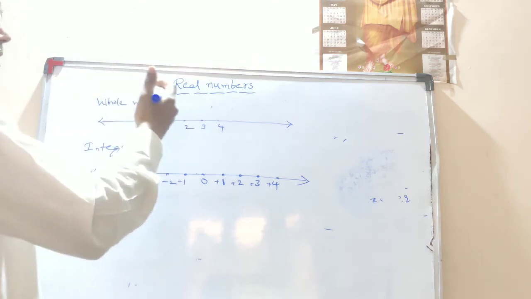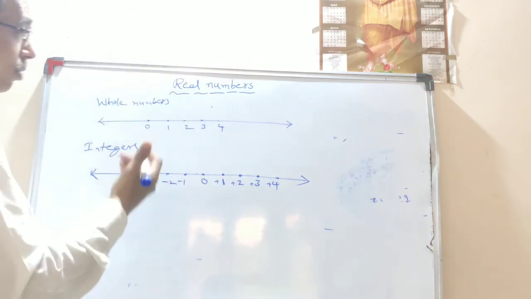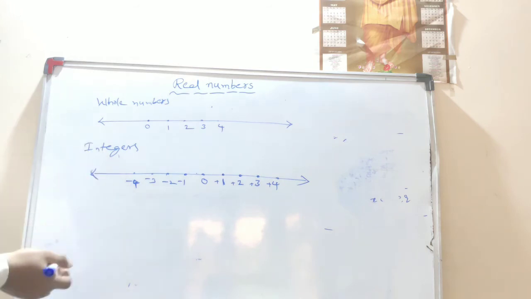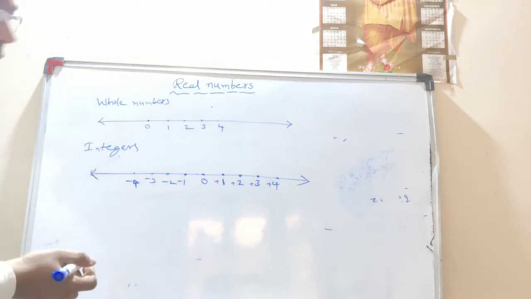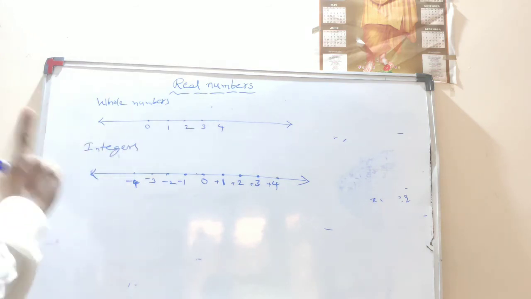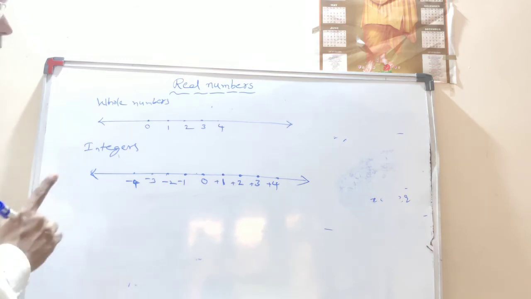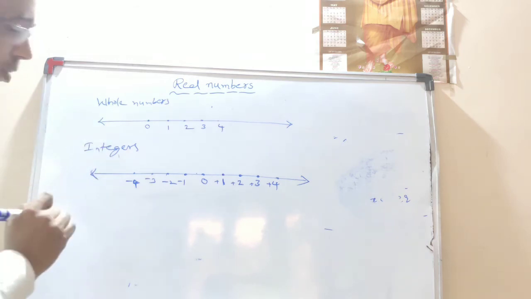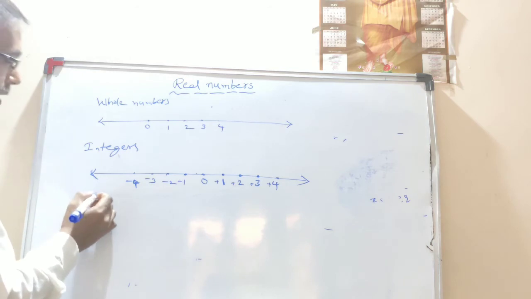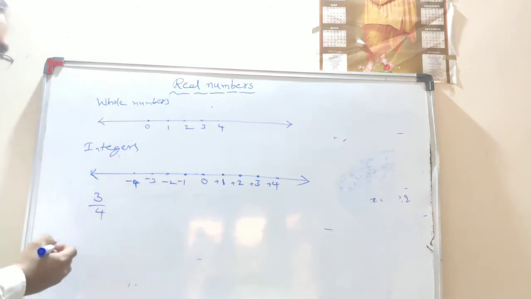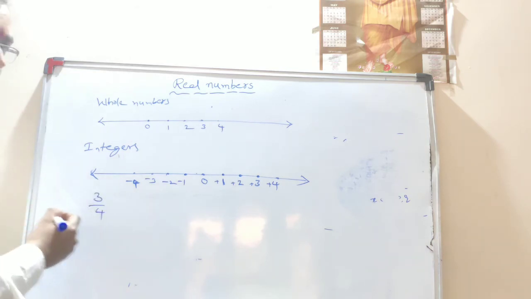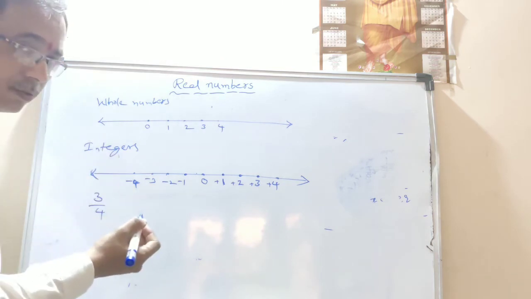Whereas rational numbers, how can we represent rational numbers on a number line? Do you remember? Already we did this type of representation of rational numbers in 8th class. For example, I am taking a rational number 3 by 4. First represent 3 by 4 pictorially.